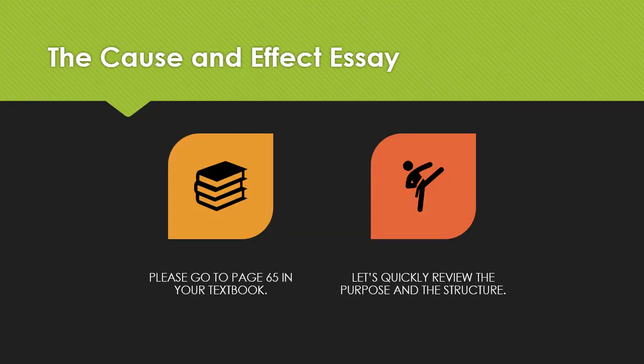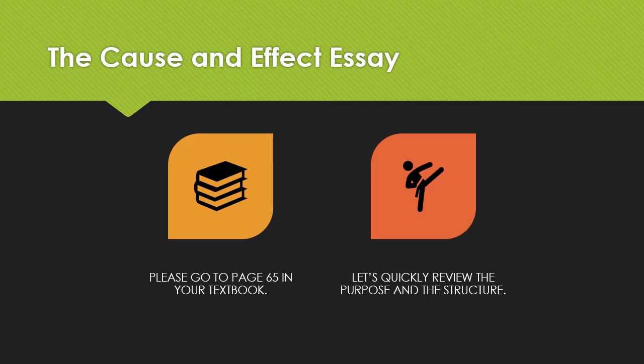Okay, please turn to page 65 in your textbook. And let's quickly review the purpose and structure of cause and effect essays. In the last lesson, we discussed the purpose as well as the structure. Remember that a cause and effect essay seeks to explain why certain actions, situations, behaviors, and events happen.